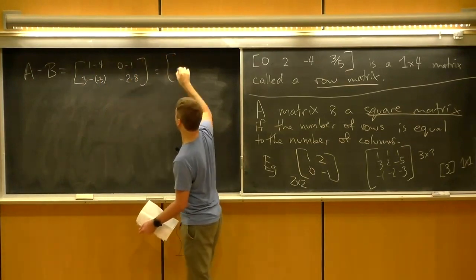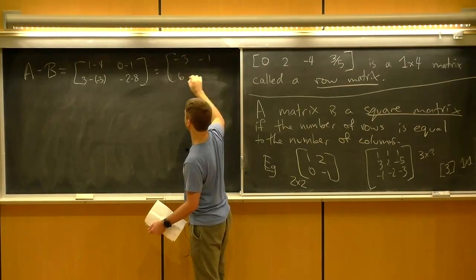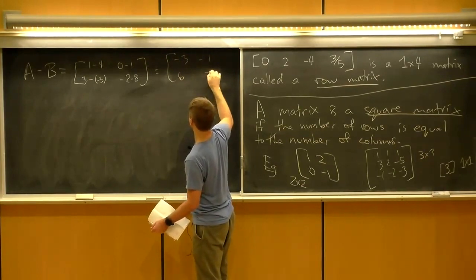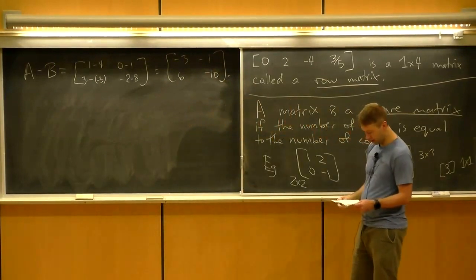So I get negative 3, negative 1, 6, negative 10.